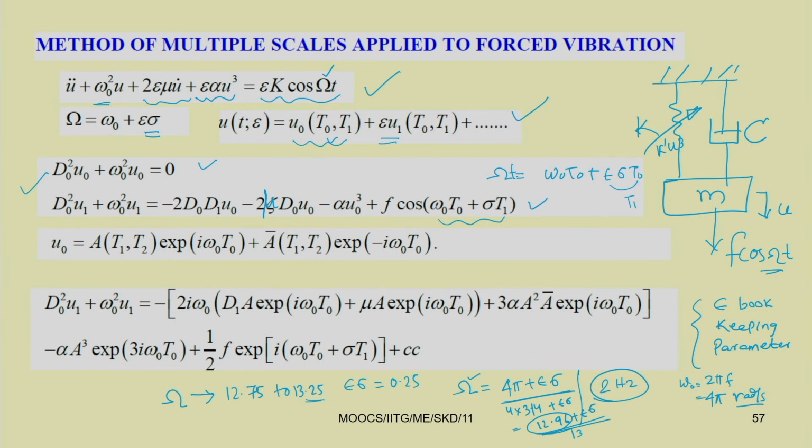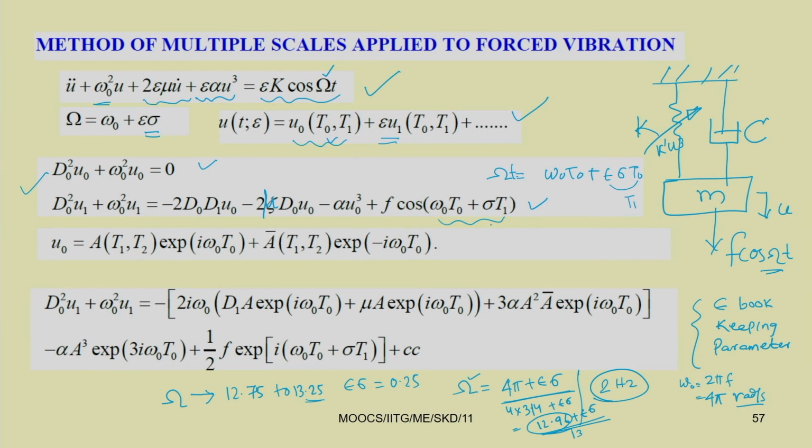By substituting u0, we can write d0 square u1 plus omega 0 square u1 equal to minus 2 i omega 0 d1 a e to the power i omega 0 t0 plus mu a e to the power i omega 0 t0 plus 3 alpha a square a bar e to the power i omega 0 t0 minus alpha a cube e to the power 3 i omega 0 t0 plus half f.